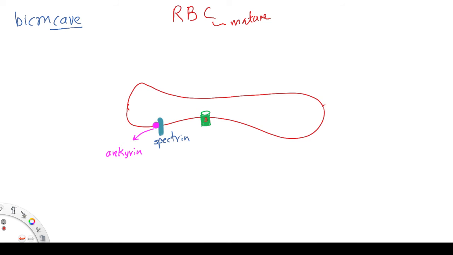Band 3 is very, very important. Again, it's a protein. Band 3. This protein usually exchanges chloride and bicarbonate.